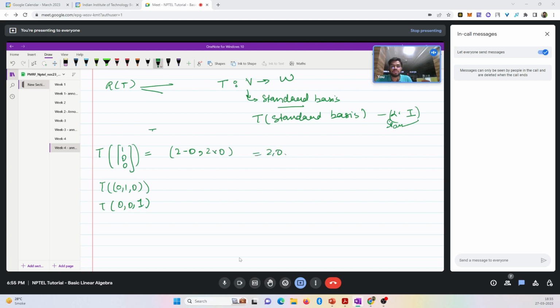I'll just rewrite what T of (a1, a2, a3) is over here. This is (a1 minus a2, 2a3), right? This is what it is, I hope.